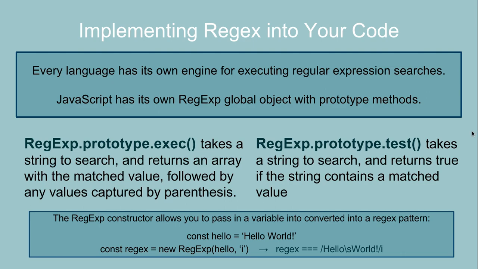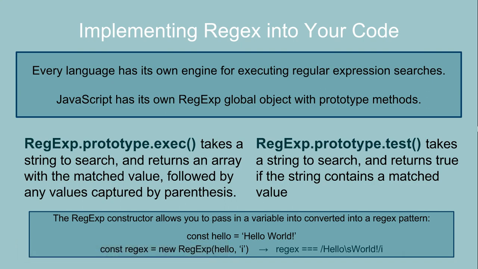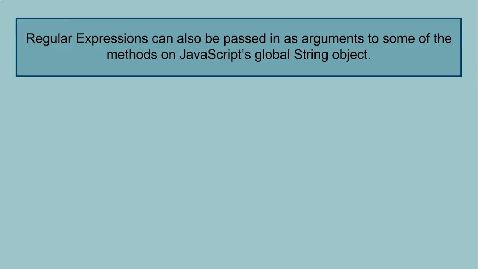There's also a regex constructor, so you can pass a variable in to it as the first argument and an optional flag as a second, and that will construct your regex for you. Sorry about that popping up, it's really annoying. But this regex constructor allows you to use variables, and that can become really handy when you're coding.